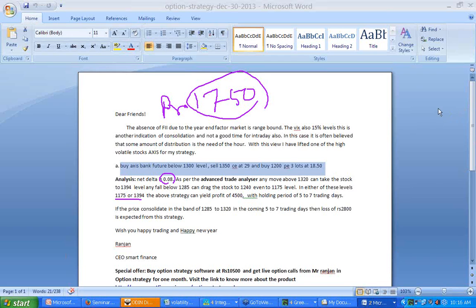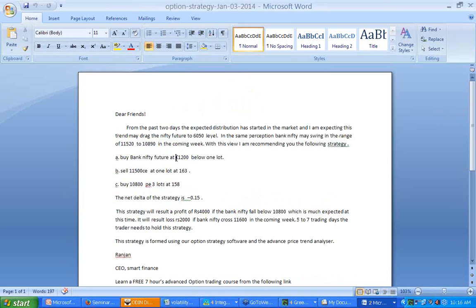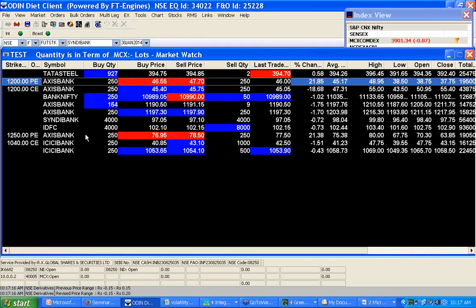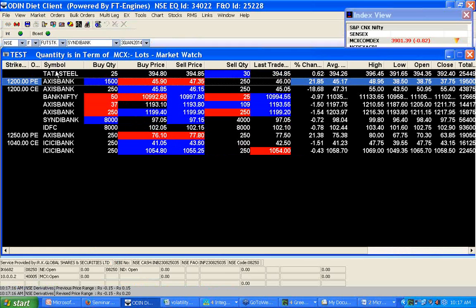One more strategy I have given here on 3rd January: Bank Nifty 11,200, so 200 points you are losing on the 11,500 call option, and this call option is some 30 points you are gaining, so this is a loss of 200. Now the 10,800 put option, let me see for that also.